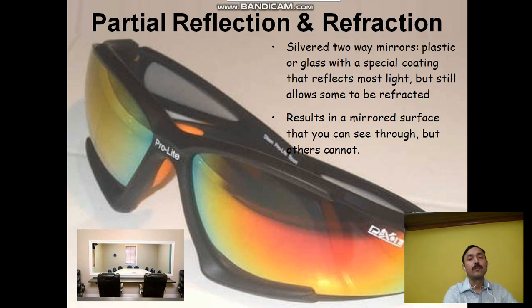That means he cannot find my eyes from outside, but I can find this person due to the partial refraction. So this is why we are using sunglasses, to smooth the glare of the sunlight.